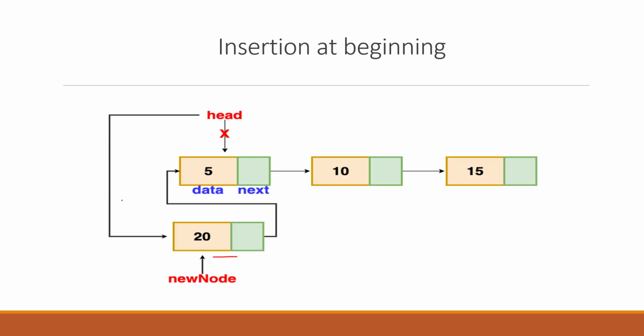Let's check the working of this algorithm. This is a new node that is held by temp. Suppose the address of this node is 100.